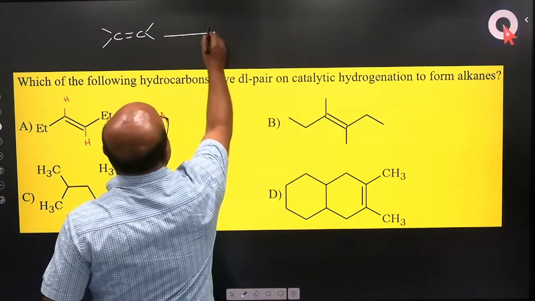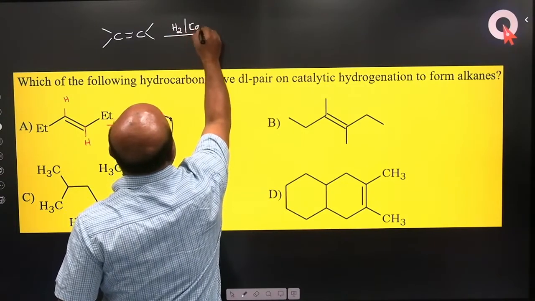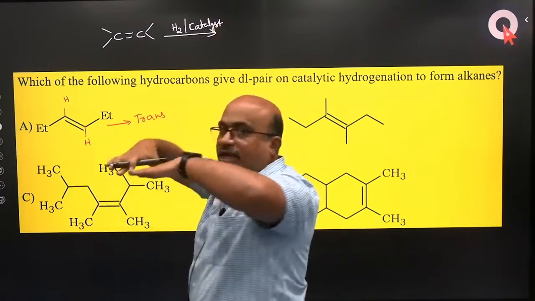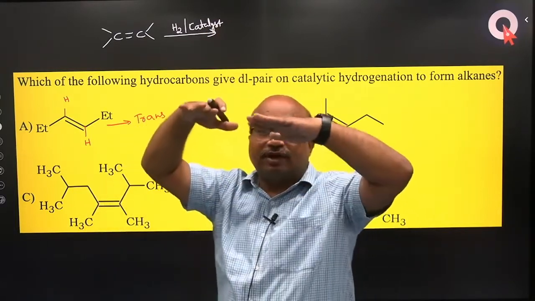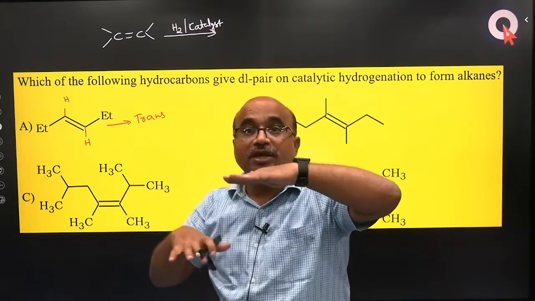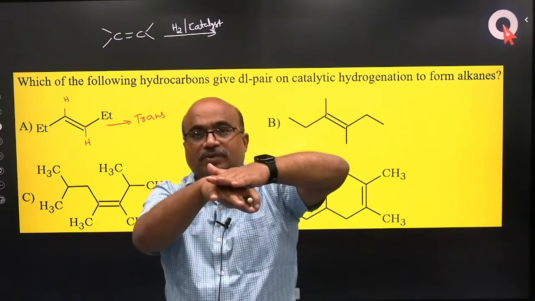The process is under a catalyst. The alkene or alkyne molecules reach the surface of the catalyst where the hydrogen was already absorbed. So, this alkene also gets absorbed onto its surface.